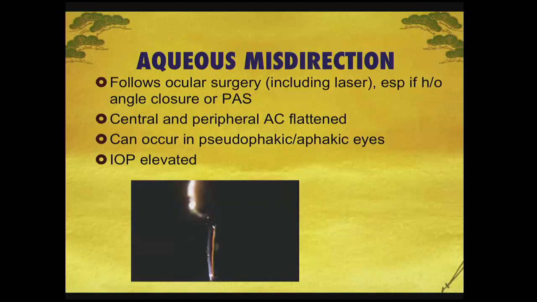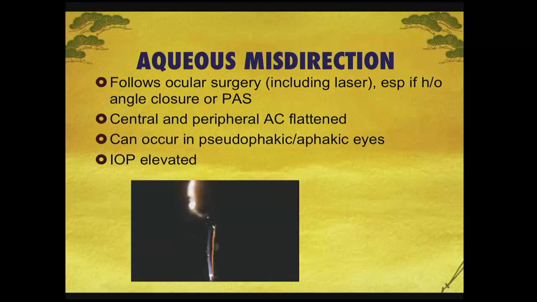Okay, aqueous misdirection. This is a glaucoma that typically follows ocular surgery, and rarely can even follow a laser iridotomy. It typically occurs in eyes that are predisposed to angle closure. Clinically, the anterior chamber will be shallow both centrally and peripherally because you have aqueous pushing things from behind. It can happen in aphakic and pseudophakic eyes.